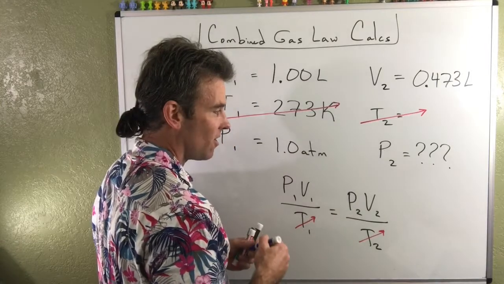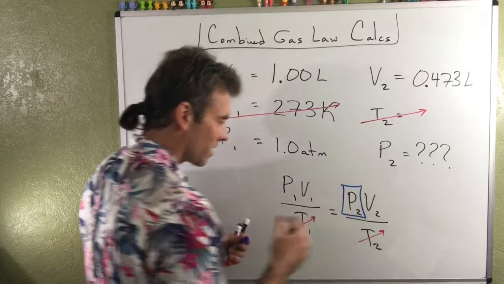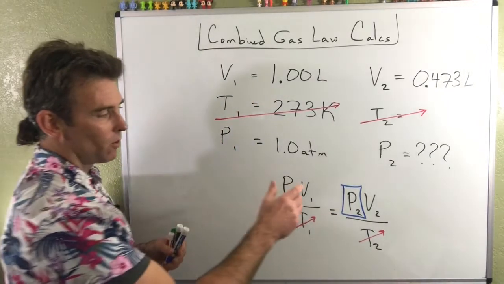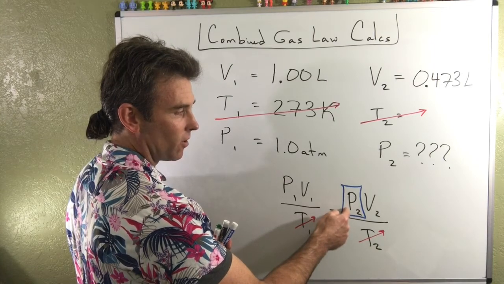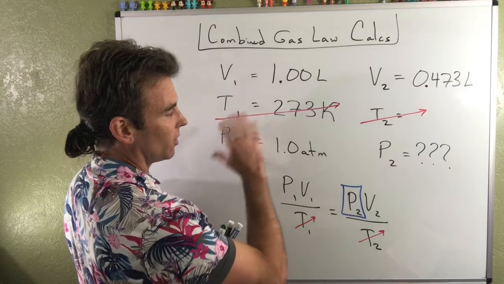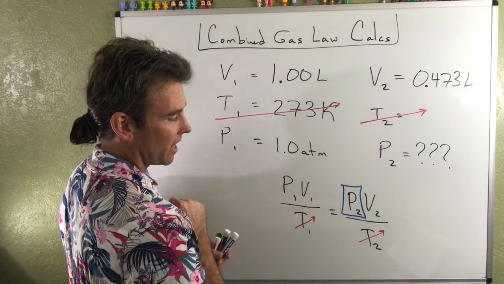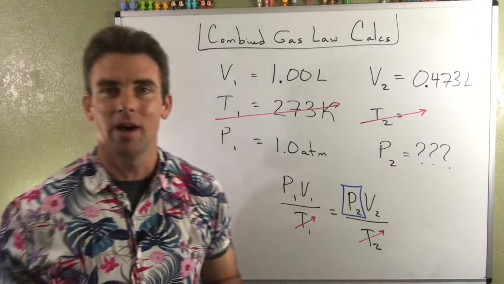Well, I need to figure out a new pressure. And what I'll do is rearrange this using algebra to get P2 alone. I'll probably erase a little bit of this and redraw it in a slightly different way to keep things clean.